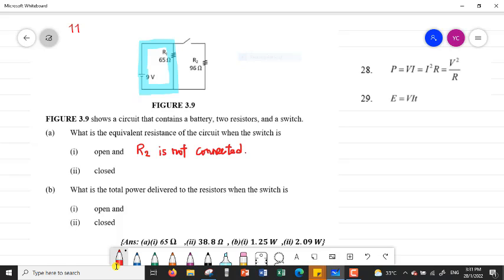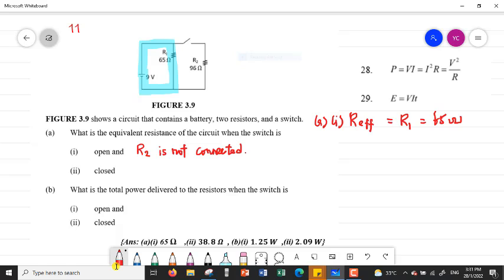So we can see very obviously the only resistor in the circuit is R1 65 ohm. So our answer for question A number 1, the effective resistance in the circuit will be equal to R1 equal to 65 ohm only. Okay, only R1 is connected.